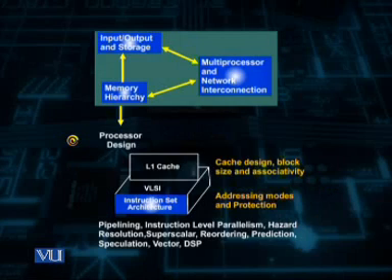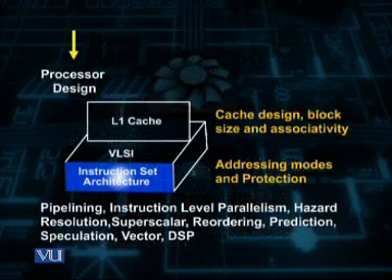The processor design basically deals with the design of instruction set architecture, then its implementation onto a VLSI chip, and then some embedded memory if it is possible, which is possible nowadays.